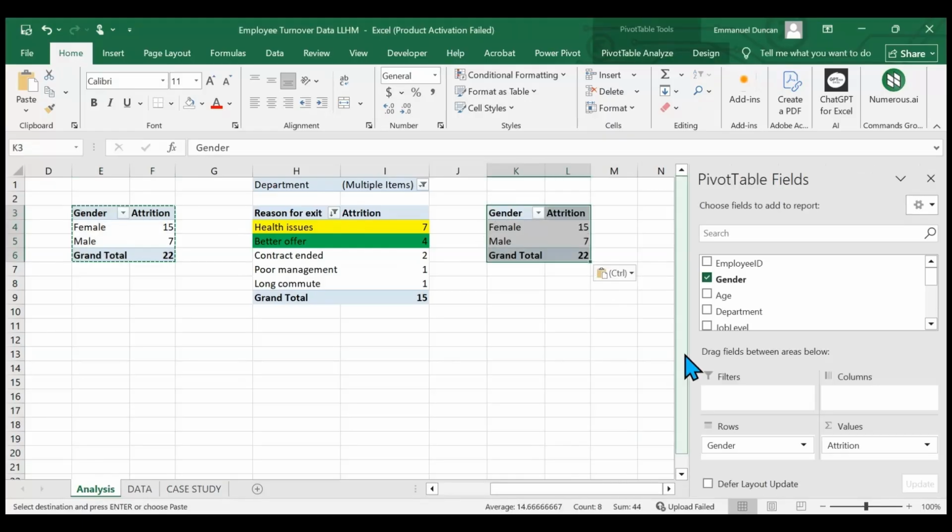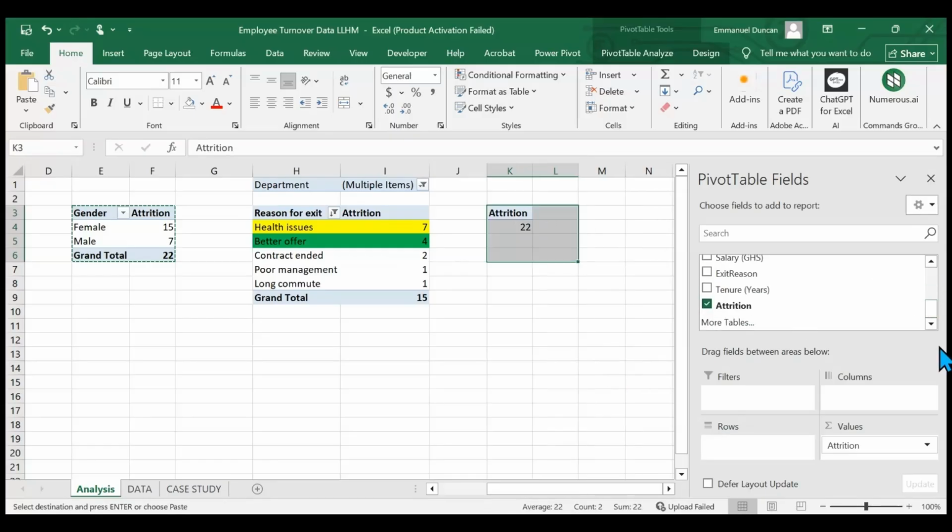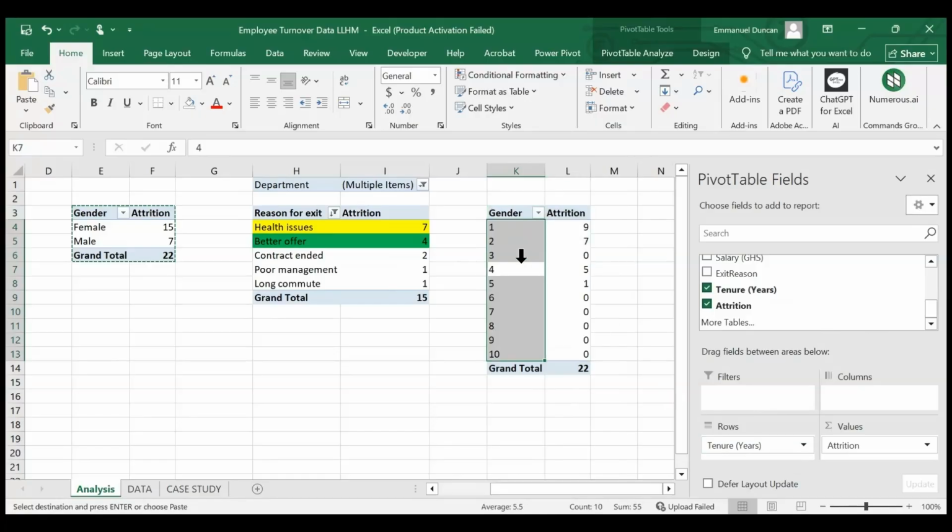Attrition by tenure. Let us group the years.